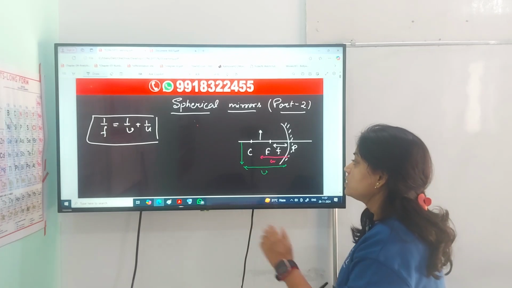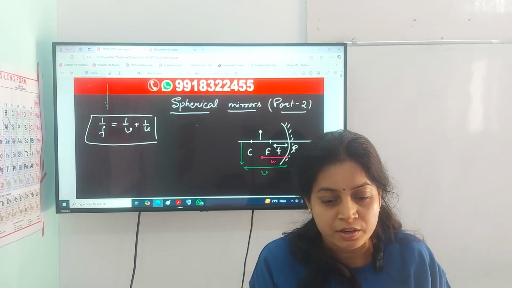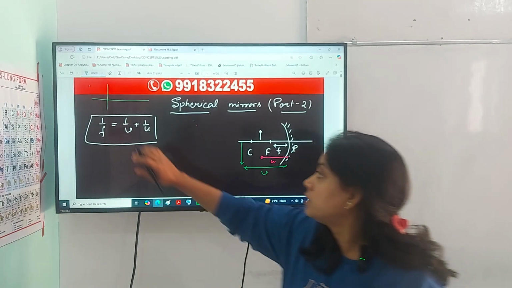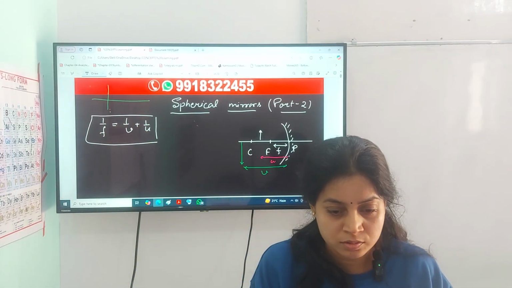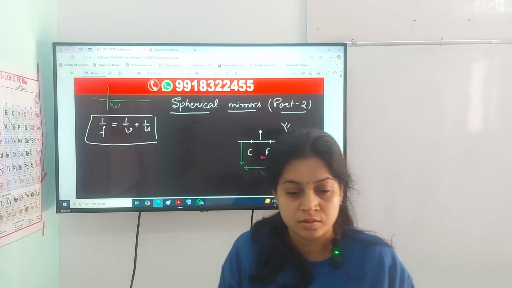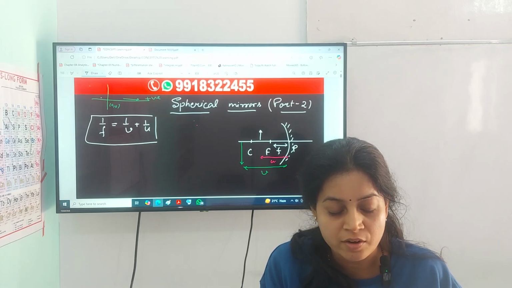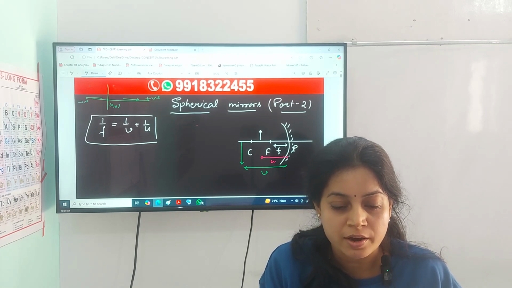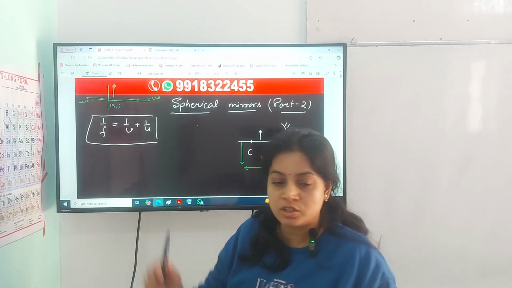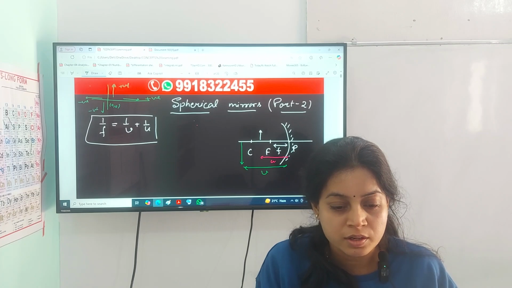So what is the meaning of the sign convention? Sign convention is nothing but just like your Cartesian plane. You already know in mathematics that this is your origin, and the right side of the origin is taken as positive and the left side is taken as negative, and above the origin we take the values positive, and below the origin the values are negative, right?